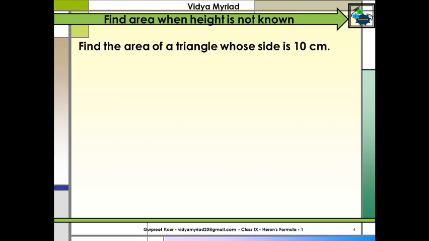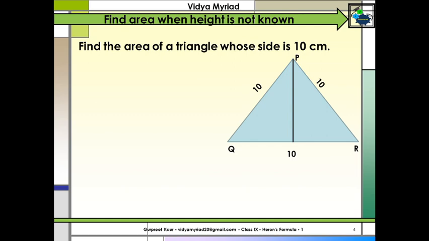Now let's do a question where I am going to use the formula of half base into height, but according to the question I don't know what the height is. So I will draw the triangle PQR, and in that triangle I will draw one perpendicular PS on QR.